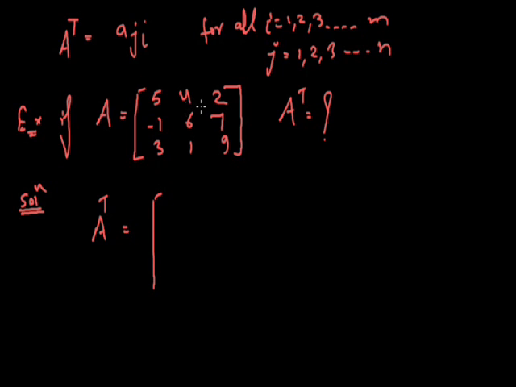So this row is 5, 4 and 2, so write 5, 4, 2, then minus 1, 6, 7, then 3, 1, 9. So it is the transpose of matrix A.